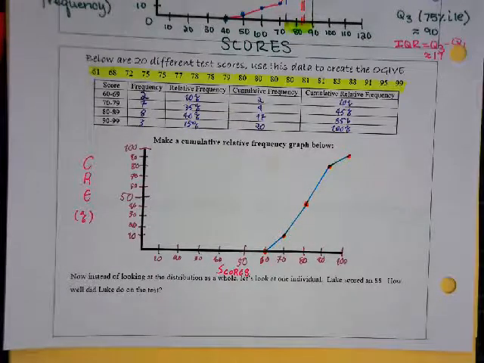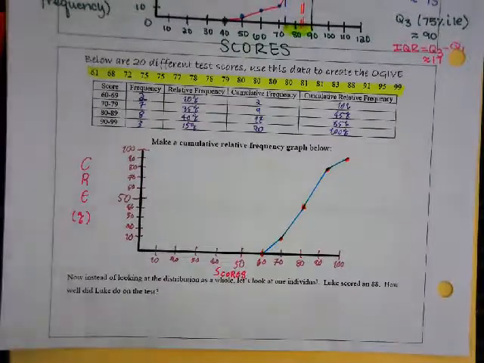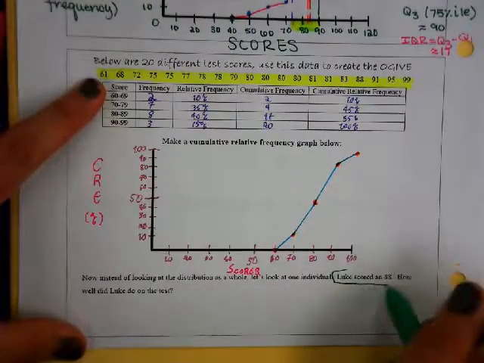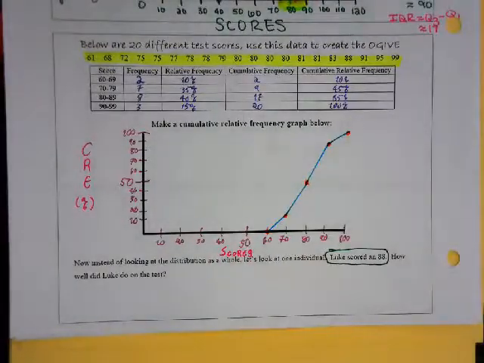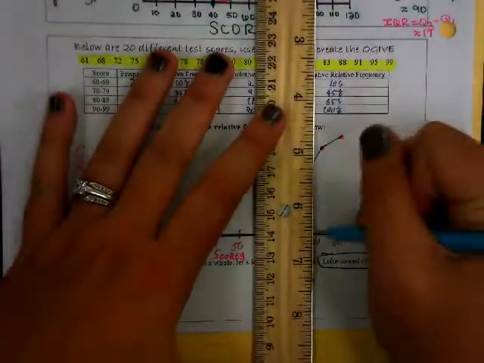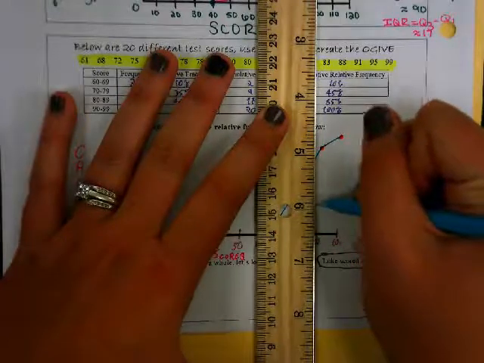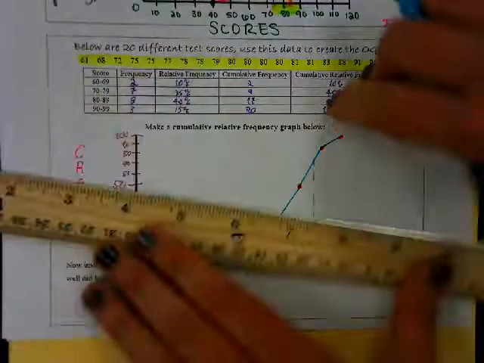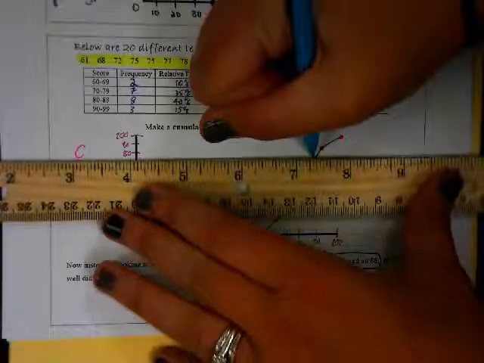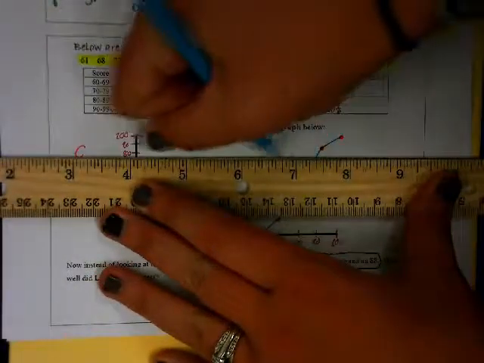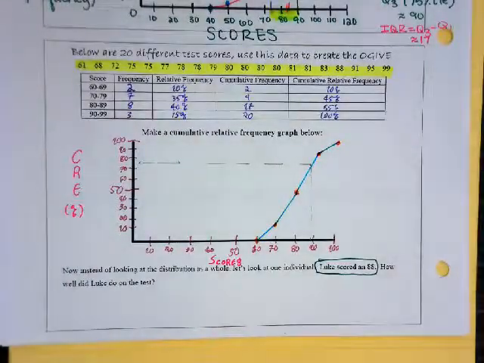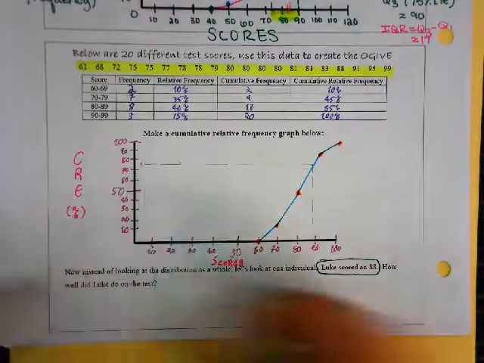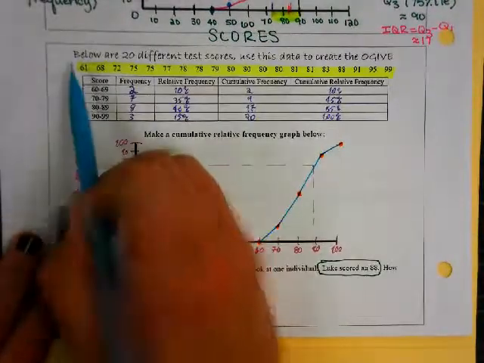So walking around, I had a couple of you that were like, oh, I can just go to approximately 88 on here, and then go back and find how well he did, which is a good approach when you don't have the actual data. My line is not straight though, sorry. But since we have the actual test scores up here, we can find how well Luke did exactly. We don't have to use our ogive to estimate.